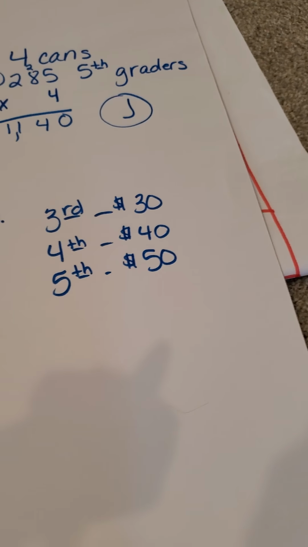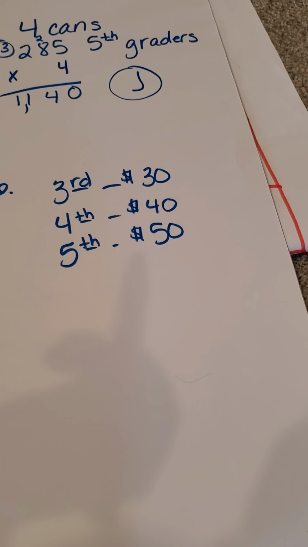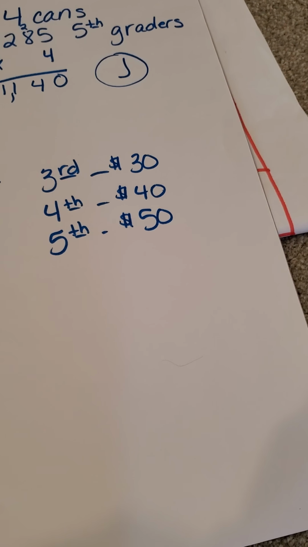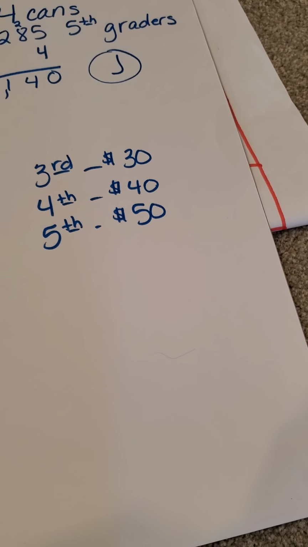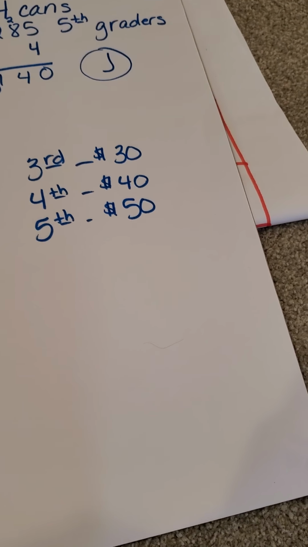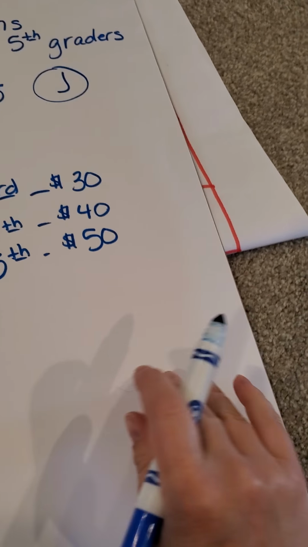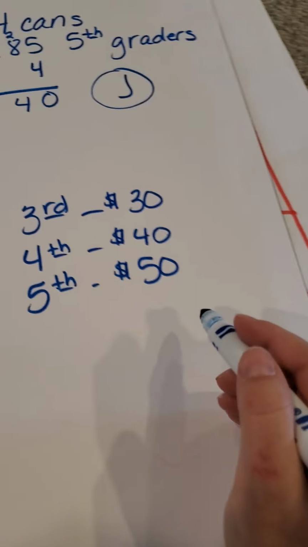Number 16. Melanie saves the same amount of money. After the 3rd week, she has $30, 5th week, $50, 7th week, $70. Which operation do you use to determine the amount that she will save in the 10th week? So if you look, obviously you're multiplying by 10 because 3 times 10 is 30, 5 times 10 is 50.